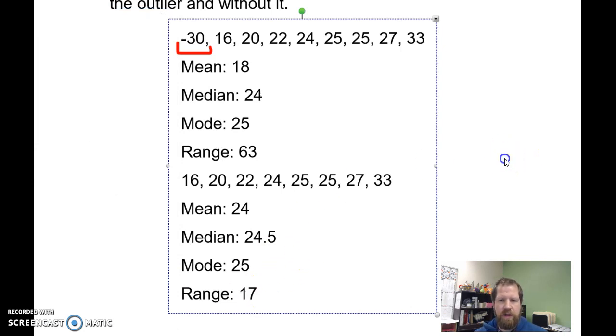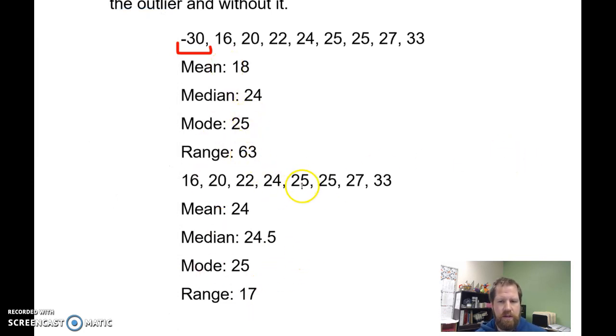And so now we're going to compare those differences. We would say the difference between my data set with the outlier and without it: my mean went up 6. My median increased by 0.5.